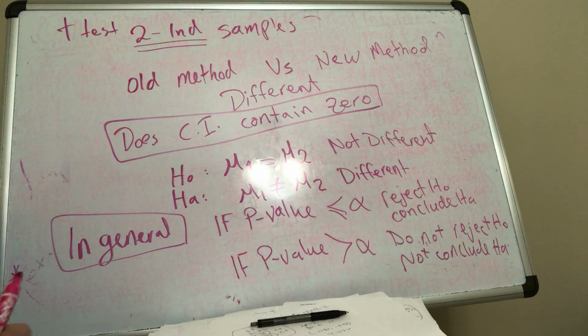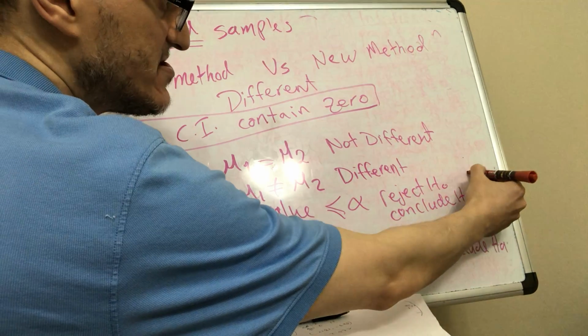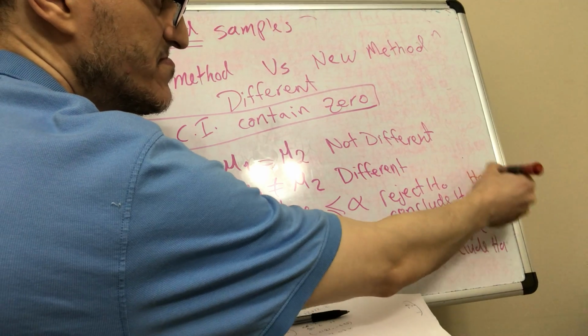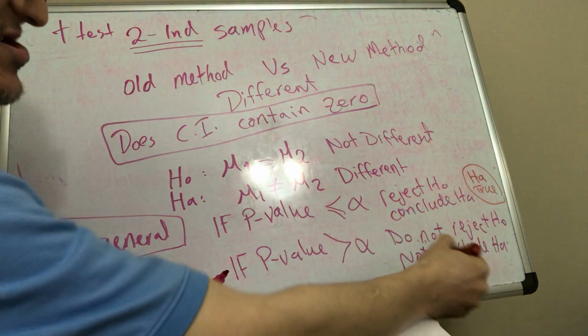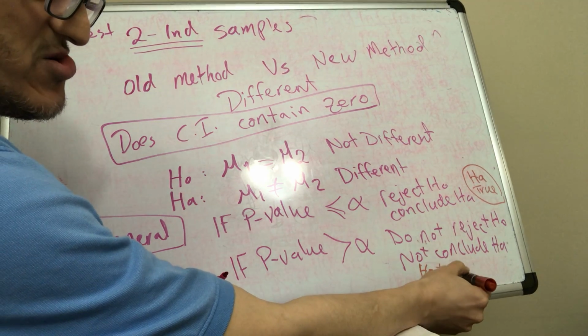So basically, in the first one, we're saying HA is true, and in this one, what we're saying is H0 is true.